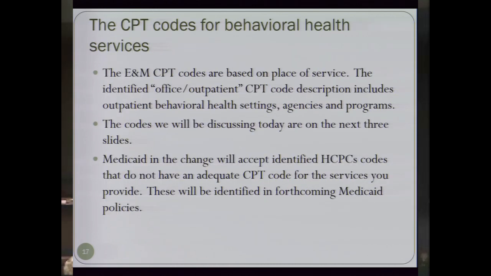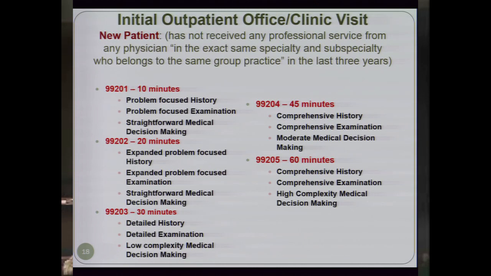When we have CPT for behavioral health, these are the codes that we're going to be looking at and really talking about in terms of E&M. Medicaid will still have some HCPCS codes, but these are the ones that the clinicians will be using for E&M. Notice that there are 5 levels for a new patient or 5 levels for an established patient.